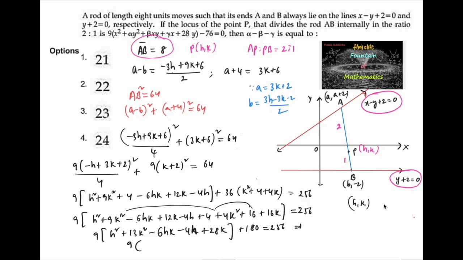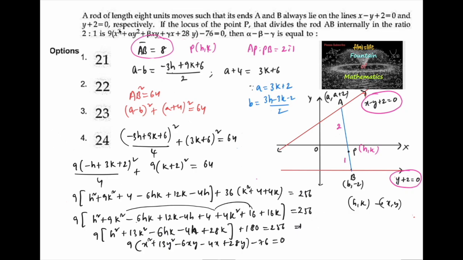since h comma k is a locus considered, so we can write x² plus 13y² minus 6xy minus 4x plus 28y, and here 180 minus 256, we can write minus 76, which is equal to 0.